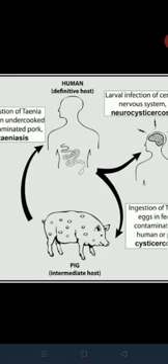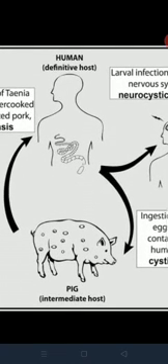Tapeworm eggs normally enter the human host from animals through raw or undercooked meat. When a human consumes pig or cattle in the form of uncooked or undercooked meat, it reaches the human easily.